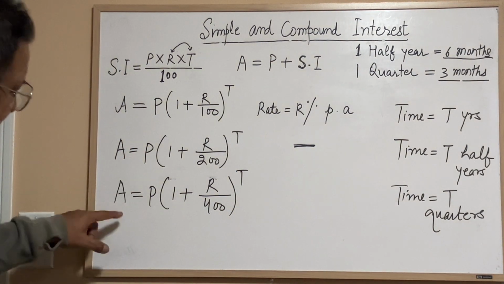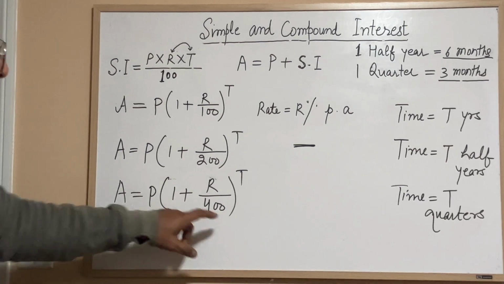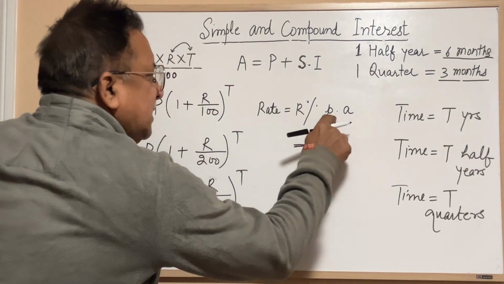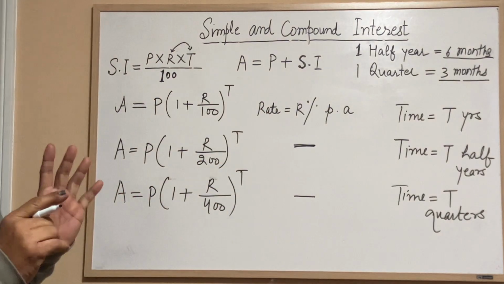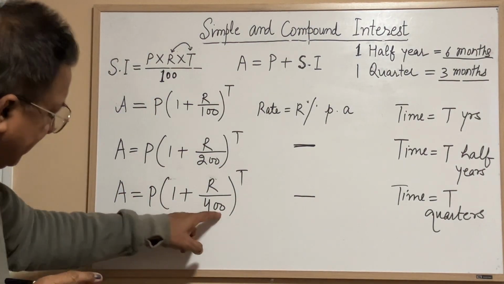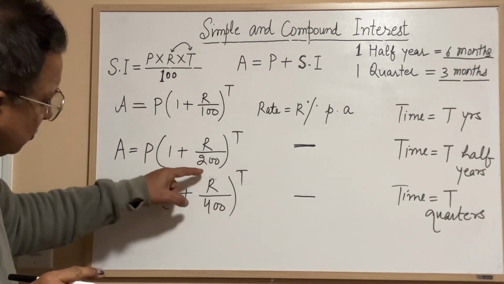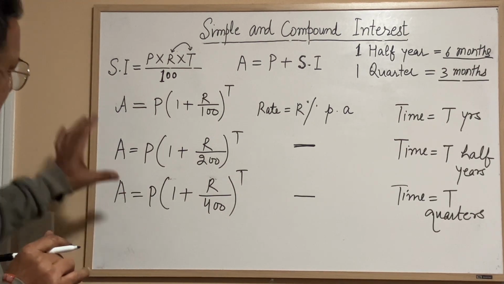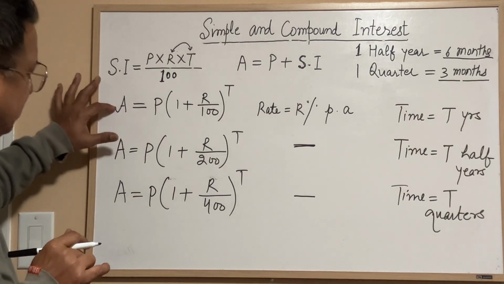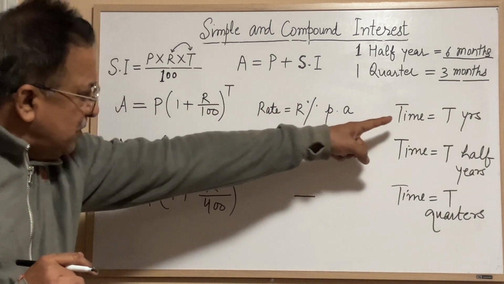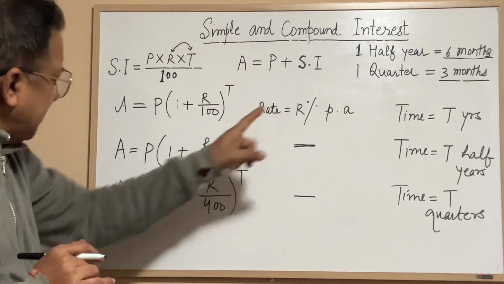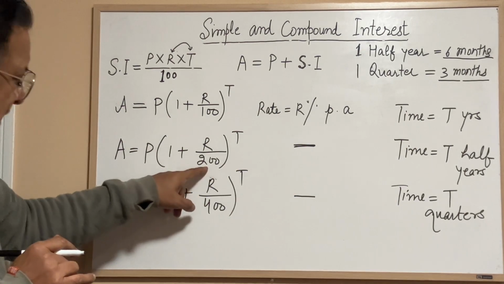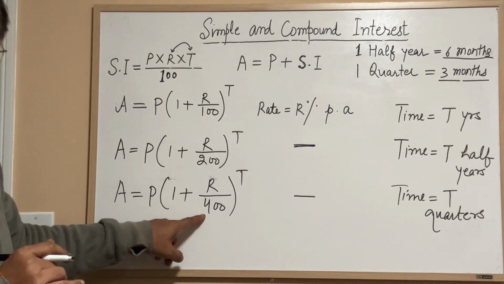Be careful, when we use this formula, the rate should be in the same form, R percent per annum. This 400 will reduce the rate to 1/4. Now this is the formula for calculating amount. In case time is T years, rate is R percent, then rate is the same; time T half years, then it becomes 200, then it becomes 400.